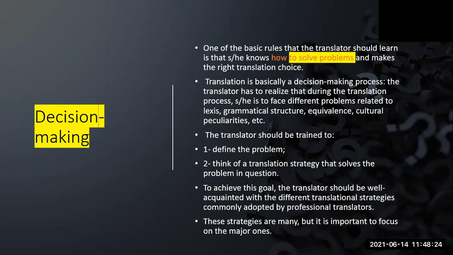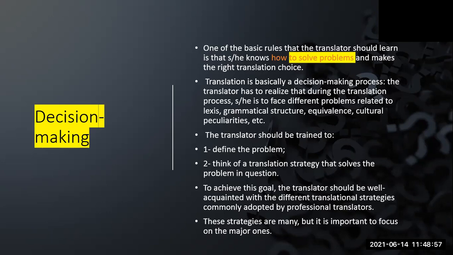You have to make a decision. What do you do about this problem, this word that you cannot translate, or you don't know the best equivalent for it? So translation is a decision-making process, and you are the one who is taking those decisions.